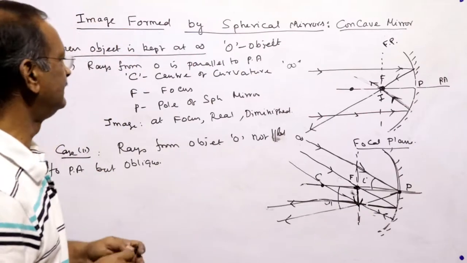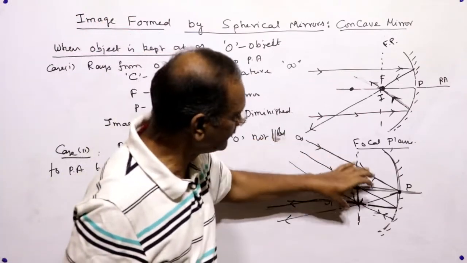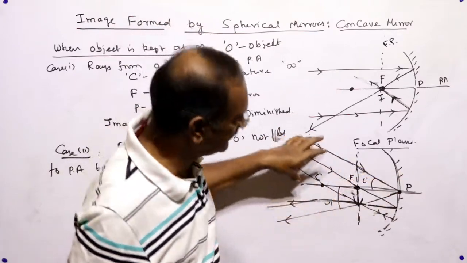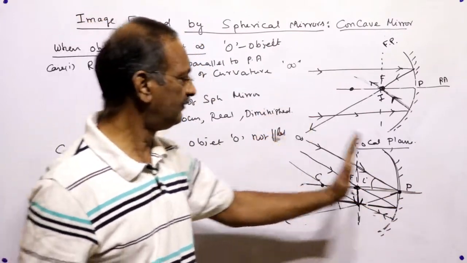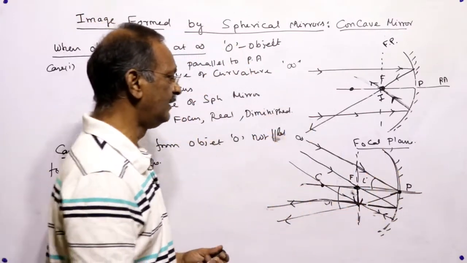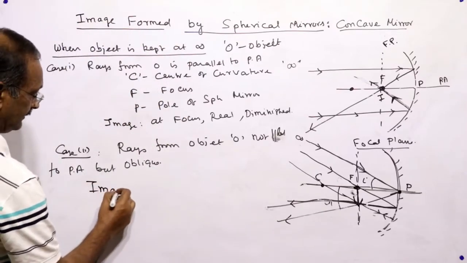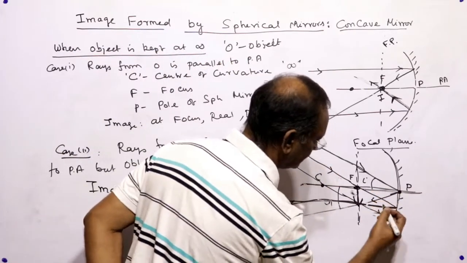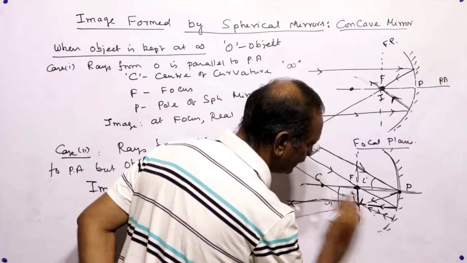So when these rays come from infinity, they are parallel to each other but not parallel to the principal axis, and after reflection they form the image at the focal plane. What is the nature of the image? It is formed by the intersection of the rays. This is the intersection of this one, and this one will go and retrace.